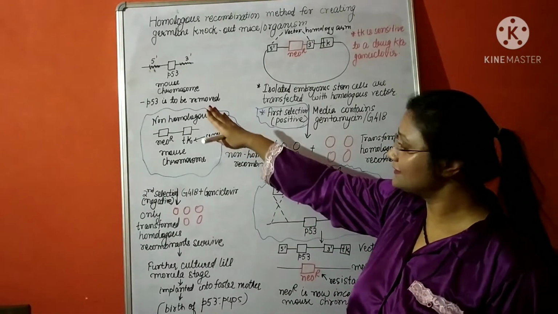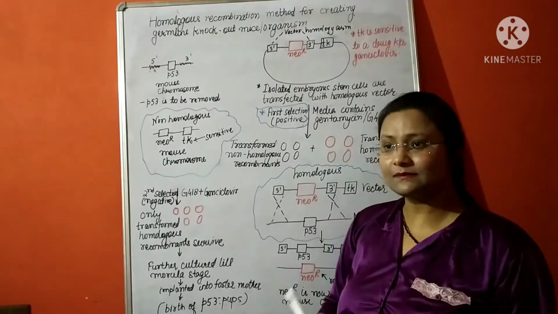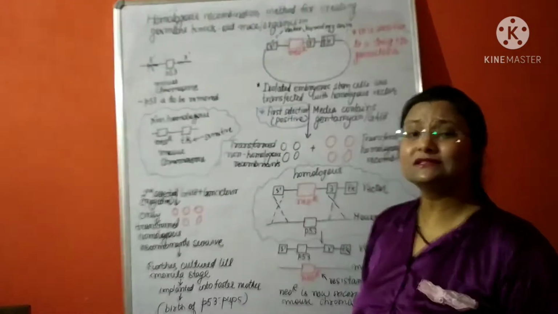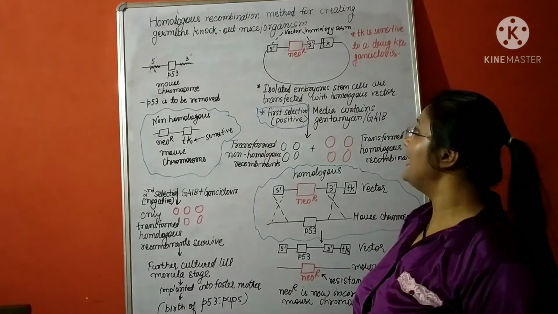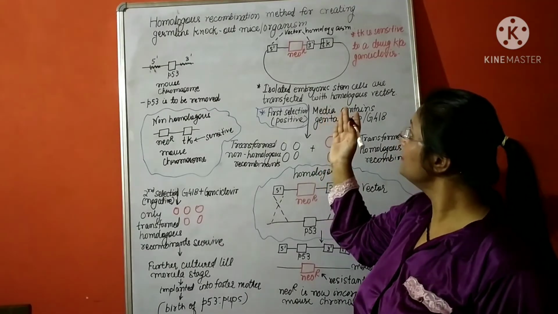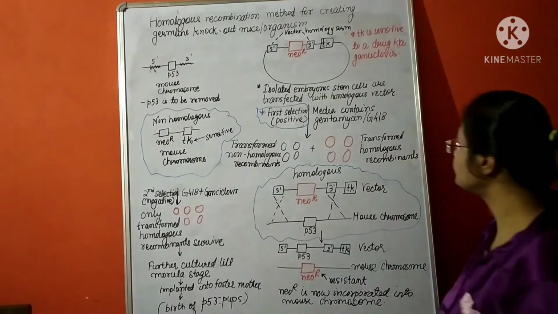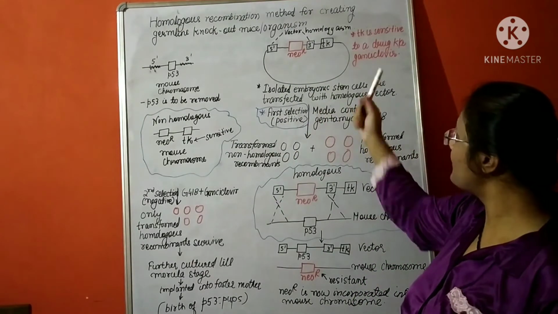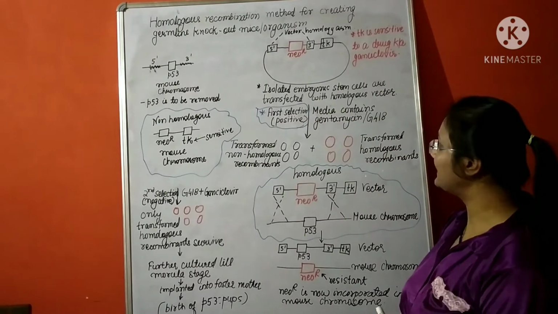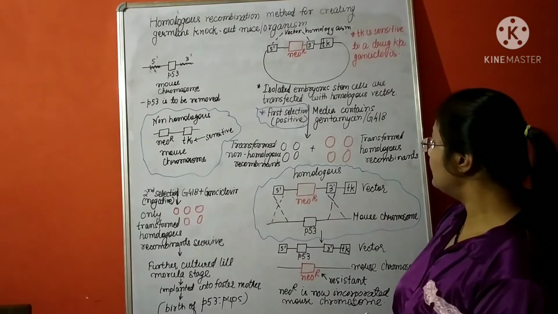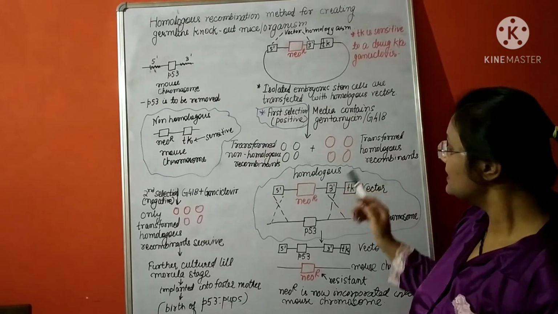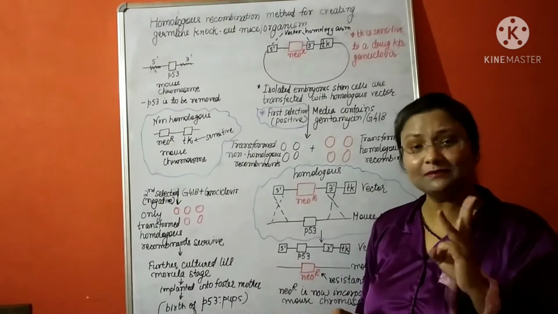We isolate some embryonic stem cells from the mice, and then we transfect them with the vector that we have synthesized. Once they have been transfected with the homologous vector, there can be three possibilities.